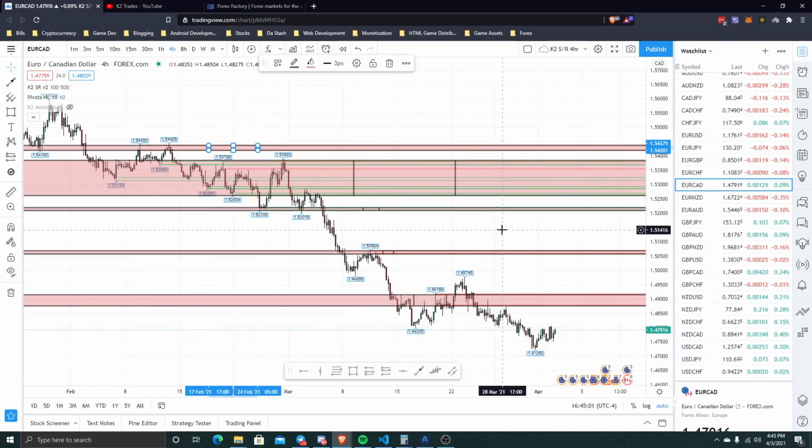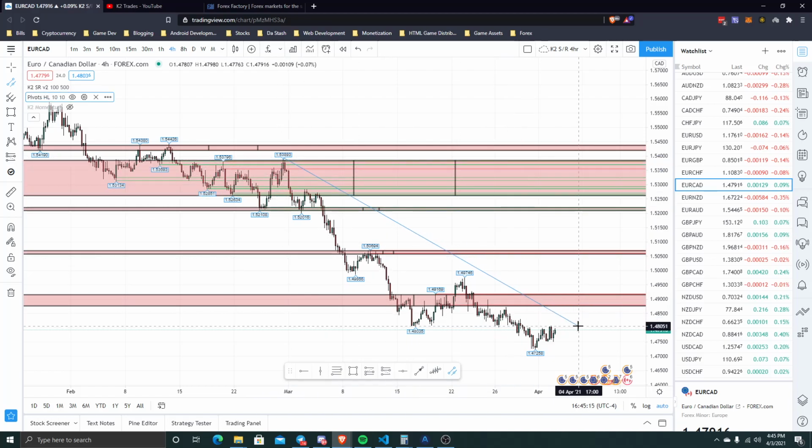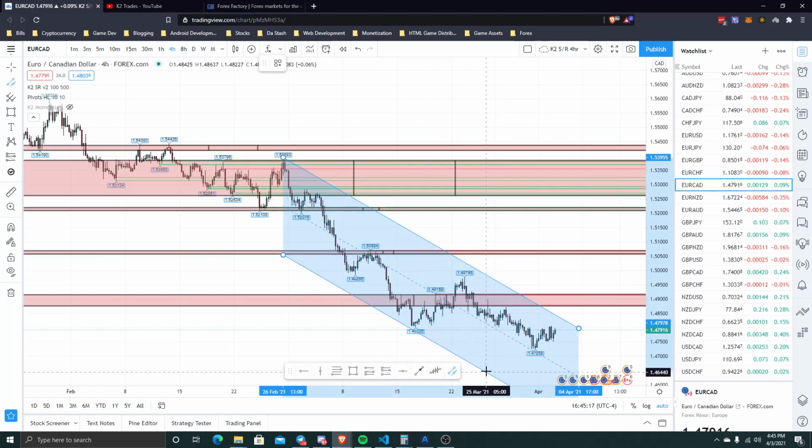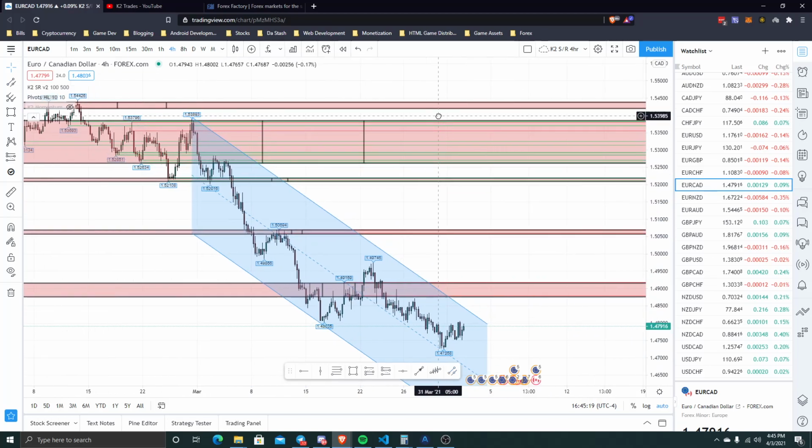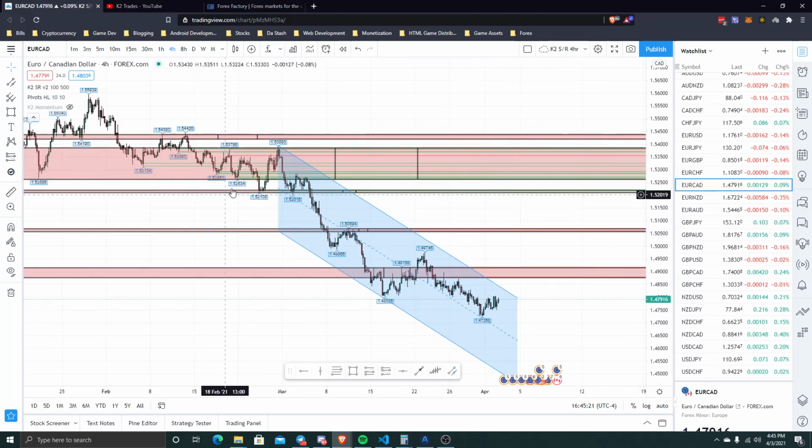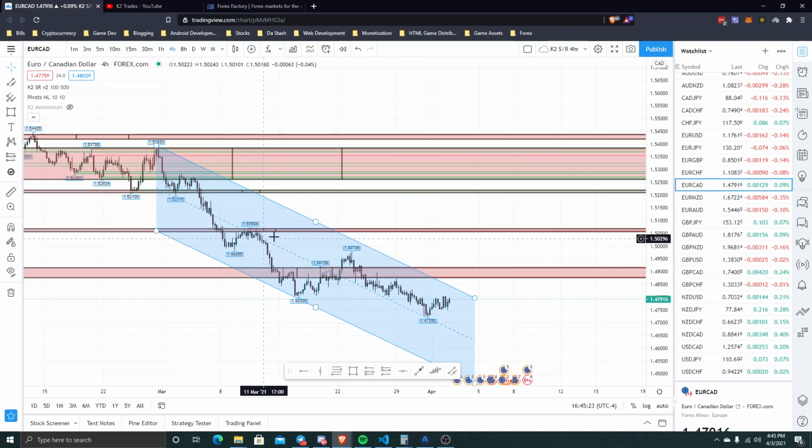All right, so for Euro CAD, it's been moving in a downwards direction for quite a while now, almost a month, as you can see here. And being that it's been doing that for quite a while, right now it's going into consolidation.